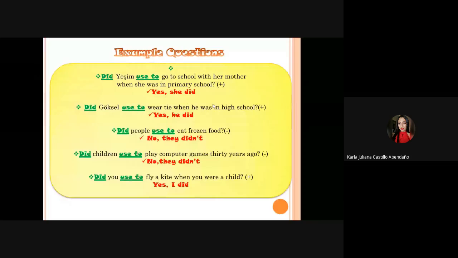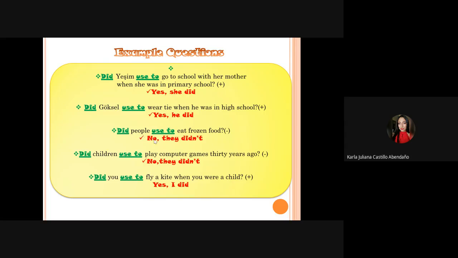And here we have some more words that we are going to find in your platform, right? Here we have the third one. "Did people use to eat frozen food?" Yeah, people. What does it say here? People, right? And according to the clue, we have to answer in a negative way.